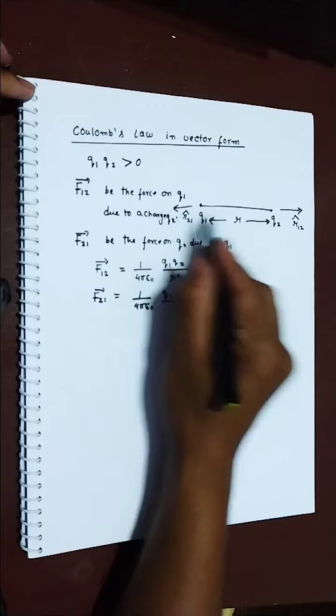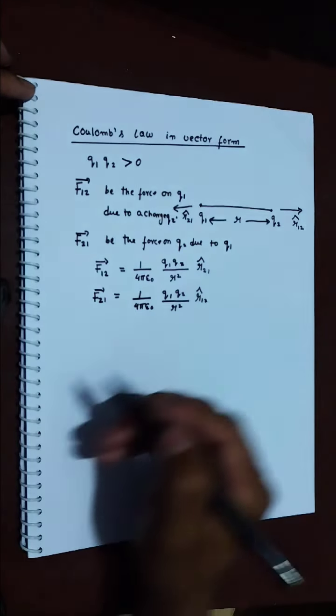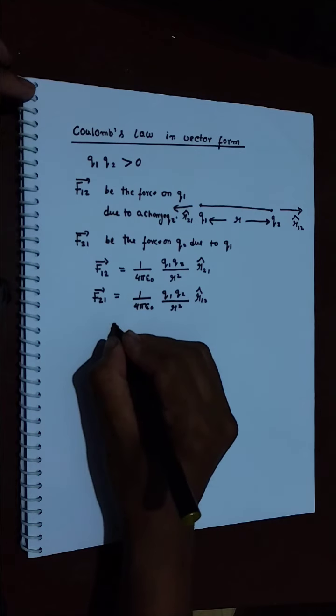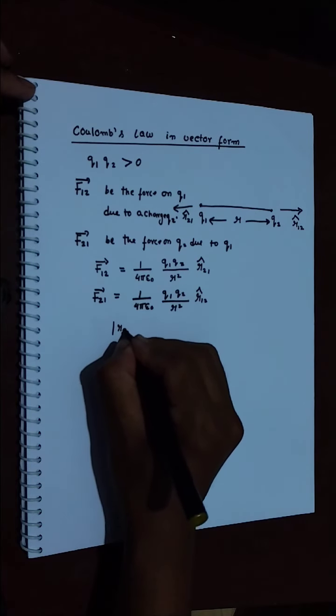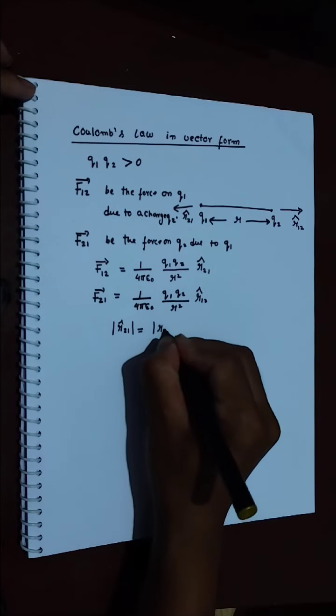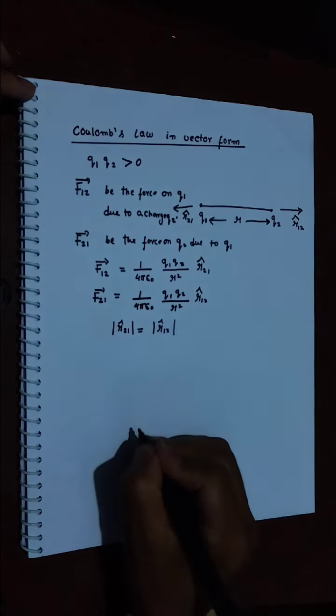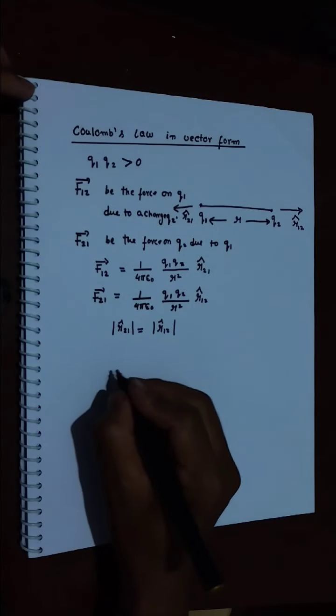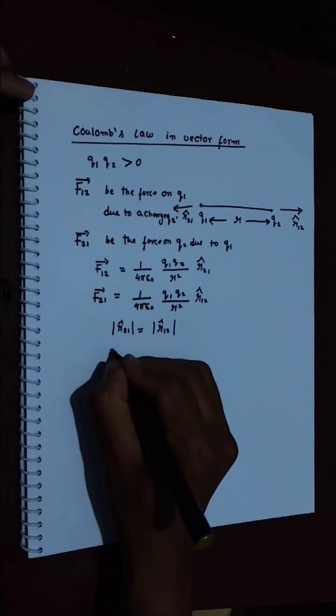R21 cap and R12 cap are unit vectors. So hence R21 cap is equal to R12 cap in magnitude, but they are opposite in direction.